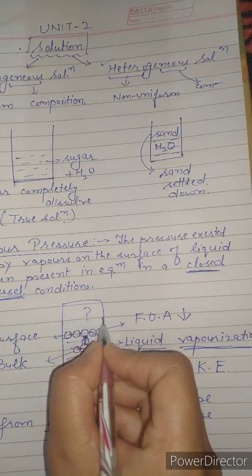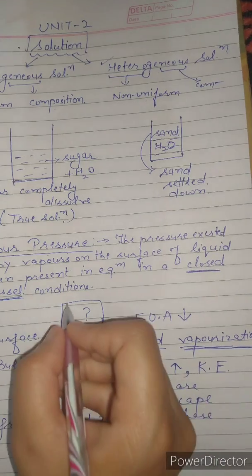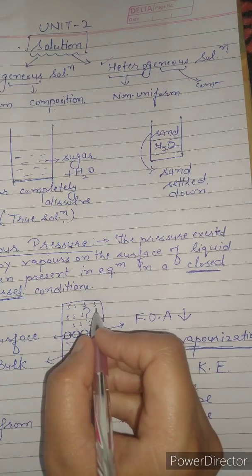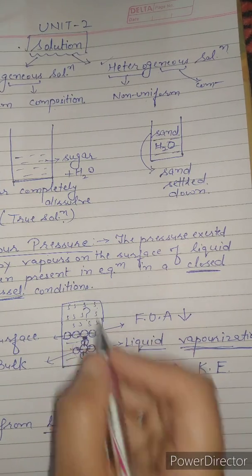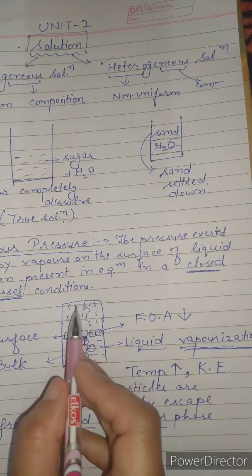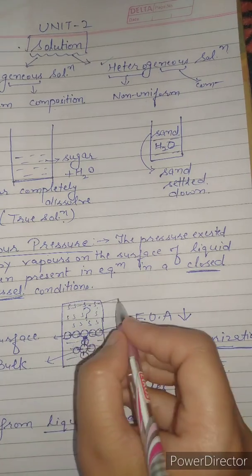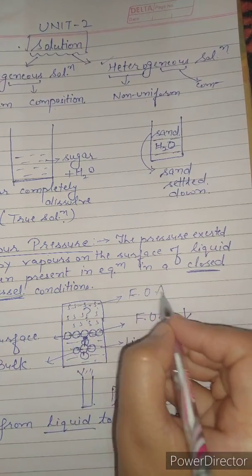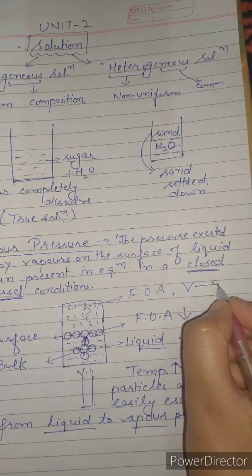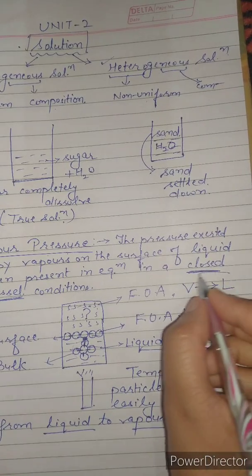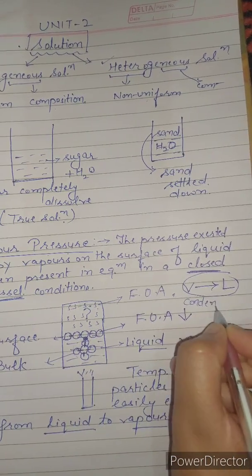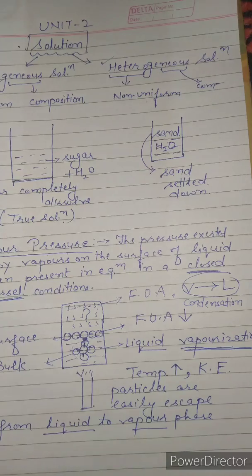If we close that vessel, then vapors are formed here. Initially, the vapors formed are very little in amount, but with the passage of time, the amount of vapors increases. So they come closer to each other. As a result, there is an increase in the forces of attraction. As a result, these vapors get converted back into liquid, and that process of conversion of vapors into liquid is known as condensation.